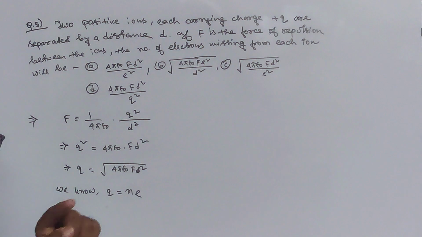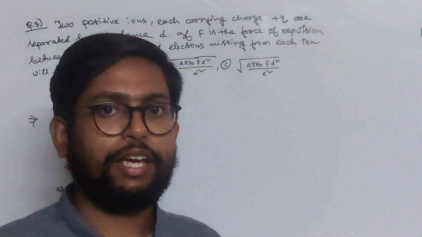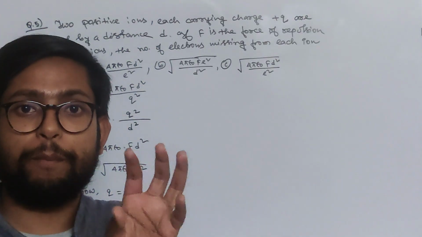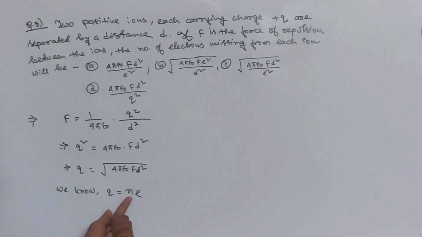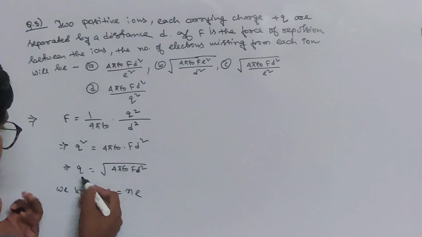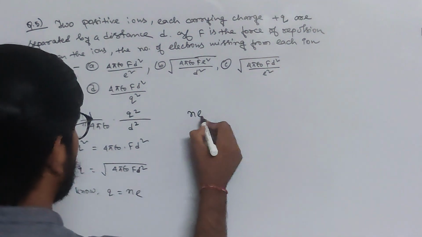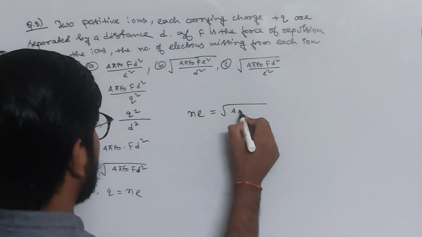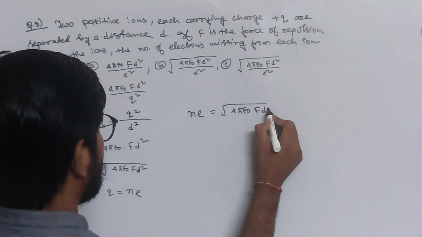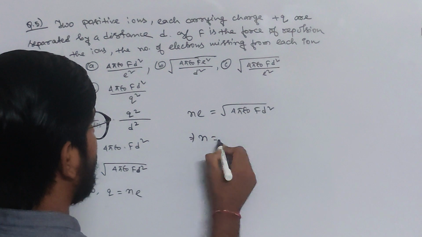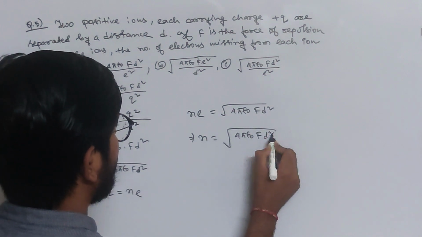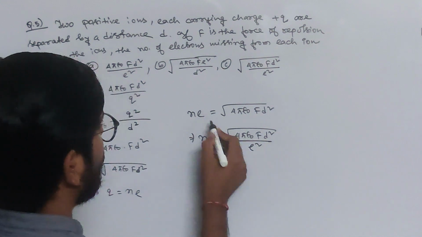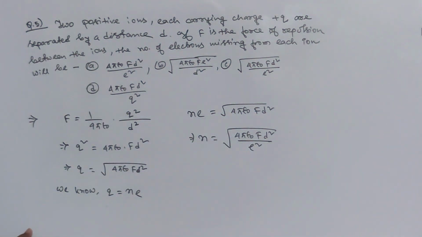Then the body will acquire a positive charge ne, so total charge should be ne, right? Now if you place q equal to ne, then ne will be under root 4 pi epsilon naught F d square, or n will be under root 4 pi epsilon naught F d square divided by e square, if you take it inside the root.